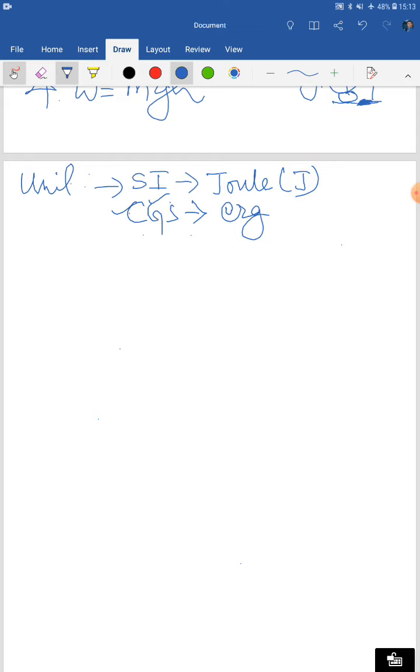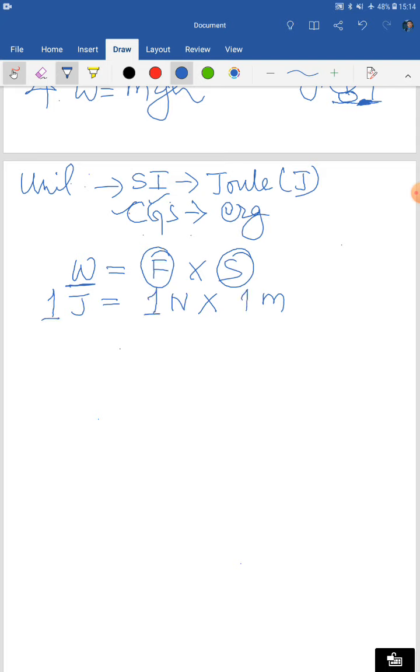Yes. Now you know the relation W equals F into S. So we are saying that the SI unit of work is joule, and you know the SI unit of force is Newton, into the SI unit of displacement, which is meter. So if I write 1 joule, I'll get 1 joule equals 1 Newton into 1 meter. So I can now define what is 1 joule.